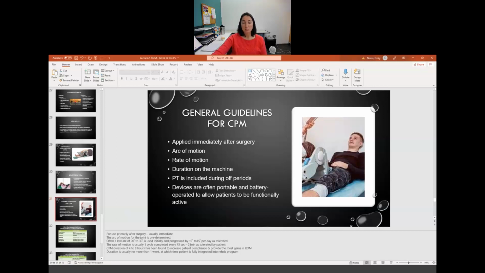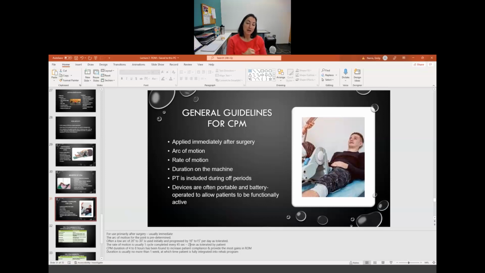Duration of the machine, 4 to 8 hours, like I said, is typically what we're seeing the most gains. And then devices are often portable, they're often battery operated, and sometimes the patient can do some type of functional activity while they're in it. Of course, they're definitely not going to be able to get up and walk, but maybe knit. I don't know.